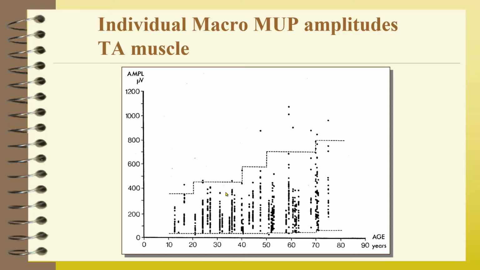We have developed some reference material with the modified single fiber electrode. The concentric gives about the same normal values. And here we have with age the motor units become larger and larger, so we must relate the reference values to age.